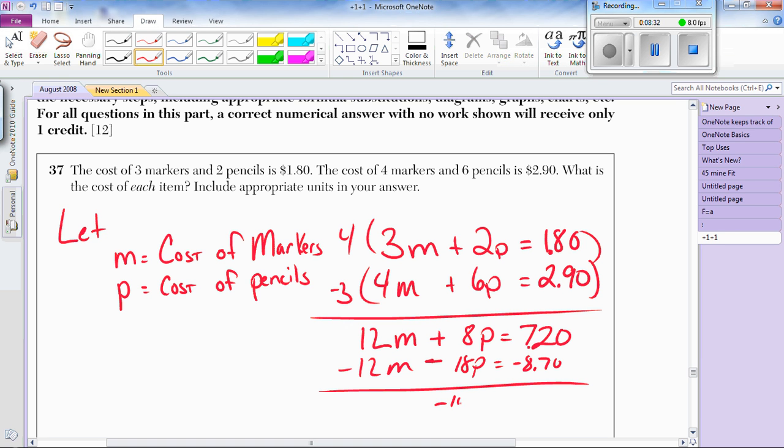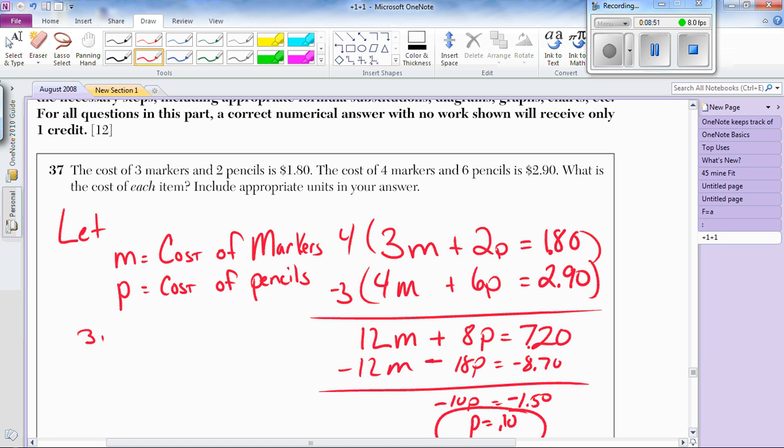So negative 10p equals negative 150, or p equals a dime.